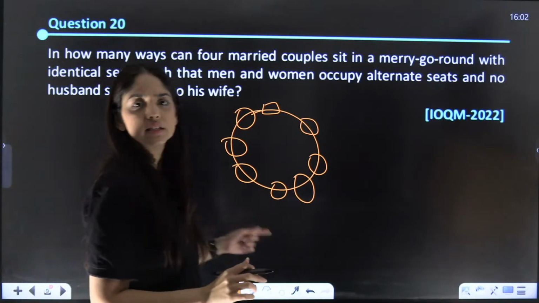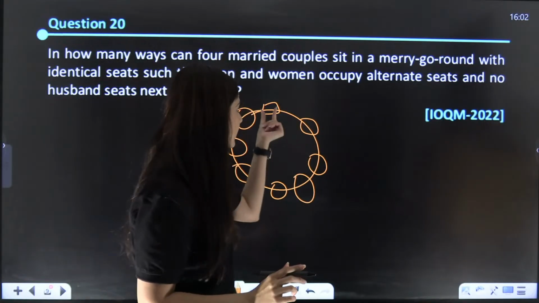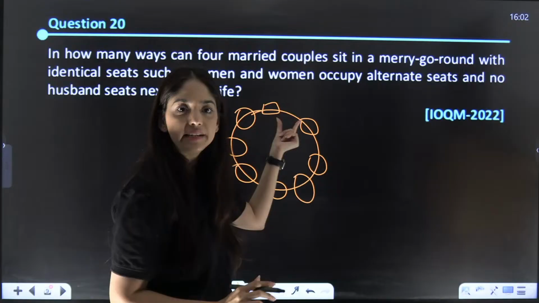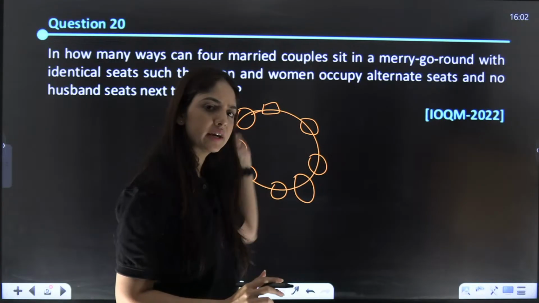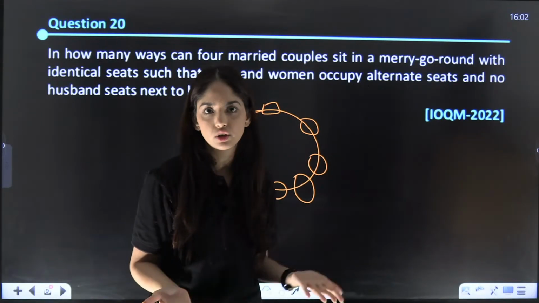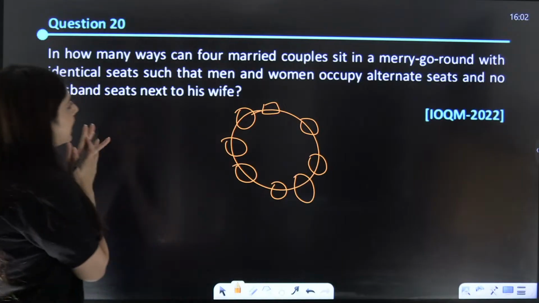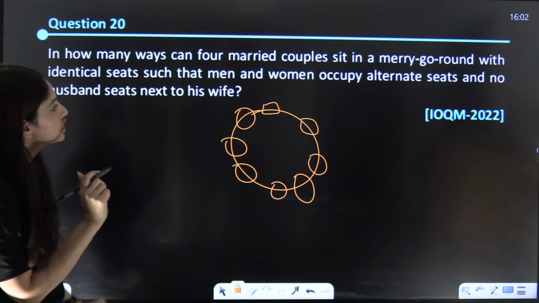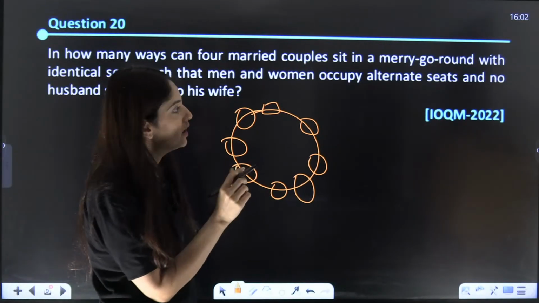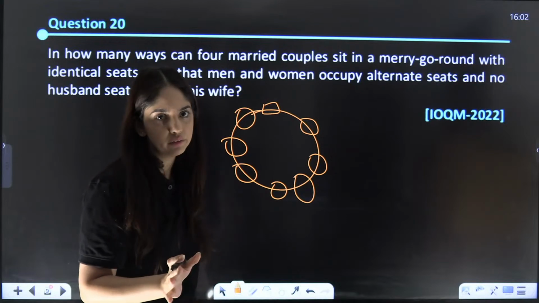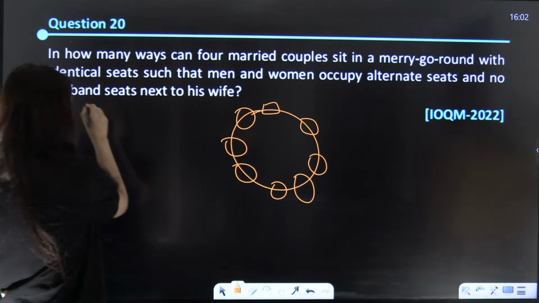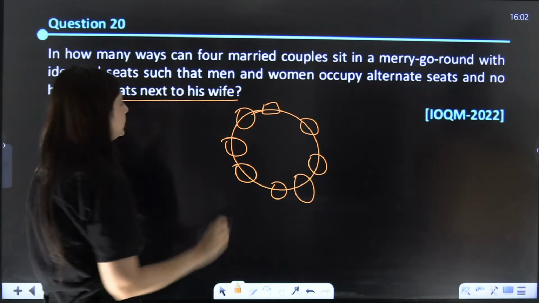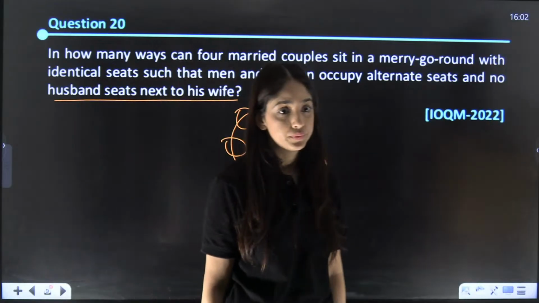That means these seats are not numbered. We are not saying that one seat is different, the second seat is different. They are just 8 identical seats, so circular arrangement, right? Now, what is the condition? The condition is that men and women occupy alternate seats, and no husband is seated next to his wife.